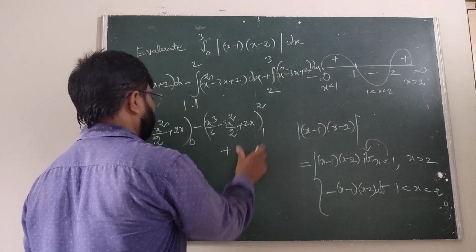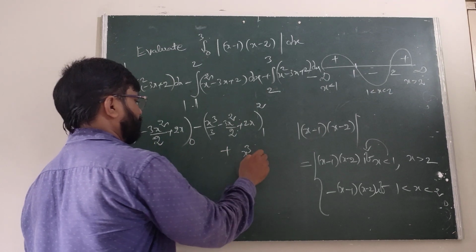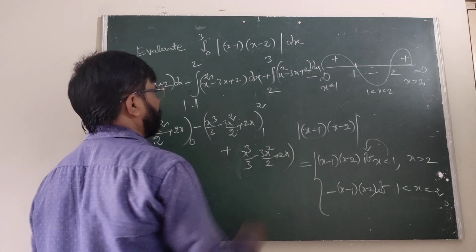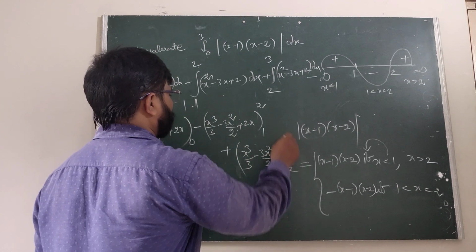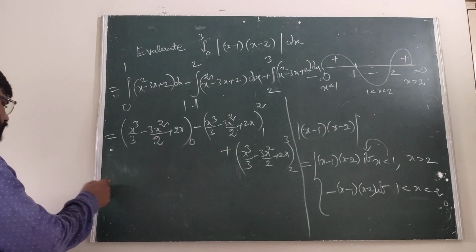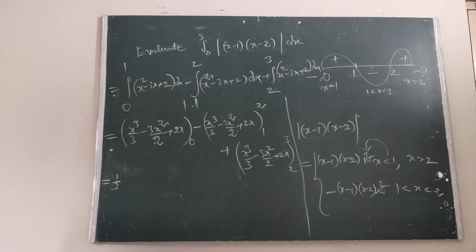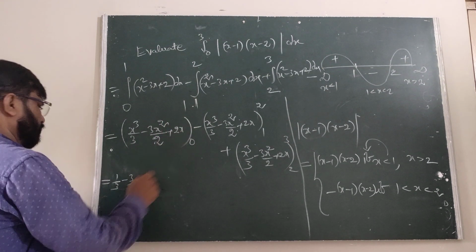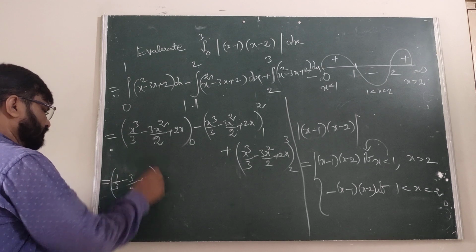Then again x cube by 3 minus of 3x square by 2 plus 2x, from 2 to 3. Now its substitution: you can write 1 by 3 minus of 3 by 2, put x equal to 1, plus 2. Now this is the value.